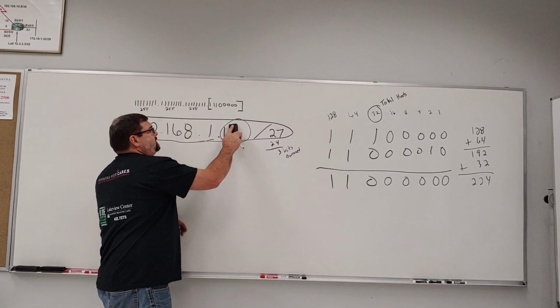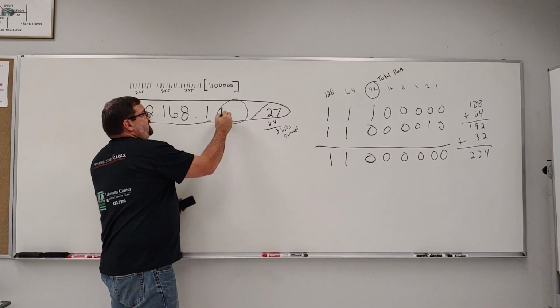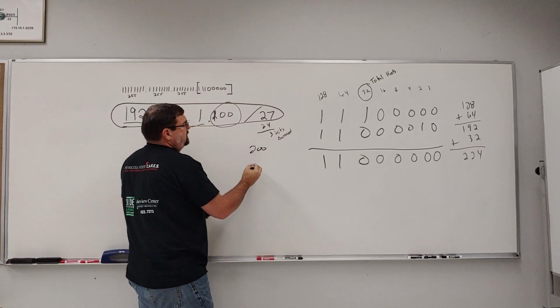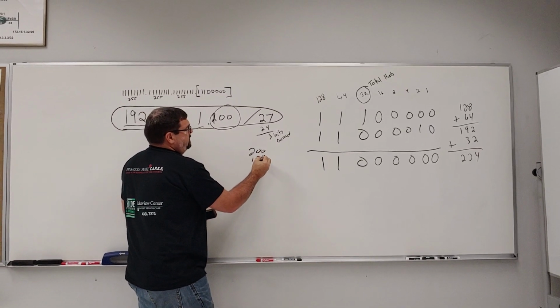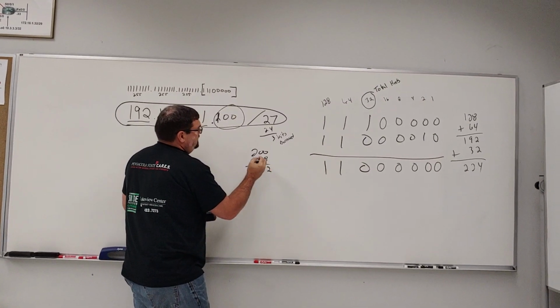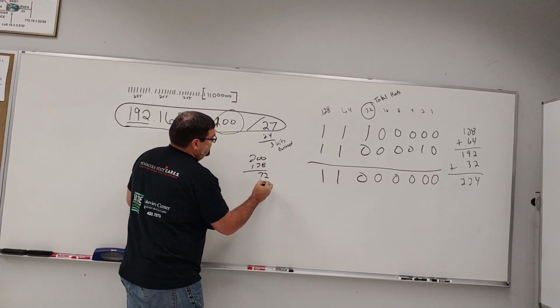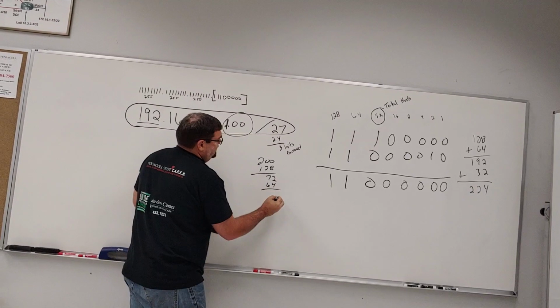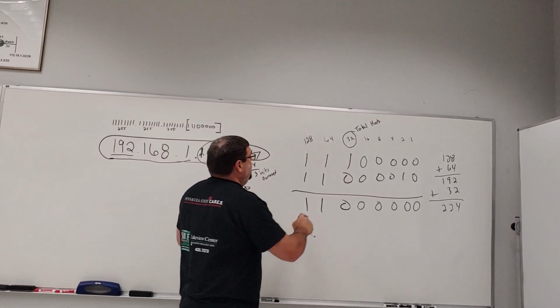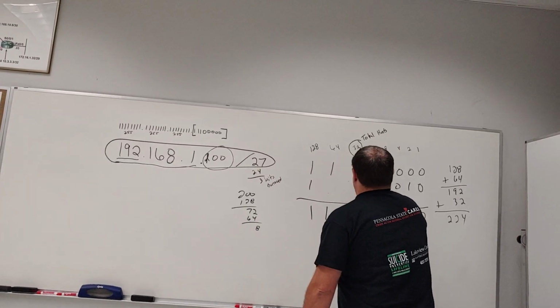So now I change this up and say 200. All right, where's 200 at? So I say 200 minus 128, that's 72, and 64 from 72, that's going to be 8.